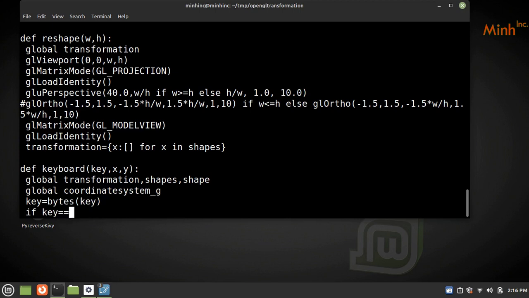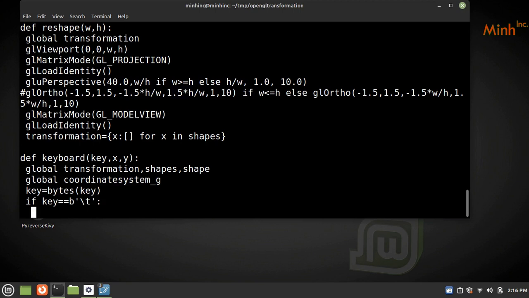If key equal to b'\t' (tab), shape equal to shapes.index(shape) plus 1 modulo len of shapes.